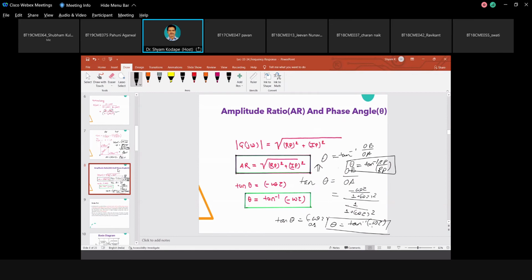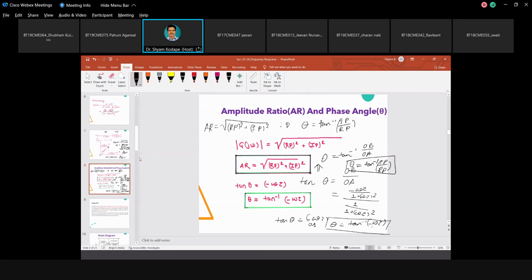These two equations you need to remember if you would like to identify how the amplitude ratio can be calculated for any system, and this is applicable for all linear systems, but only when they are subjected to a sinusoidal input change. And theta can be calculated with the help of tan inverse of imaginary part upon real part.